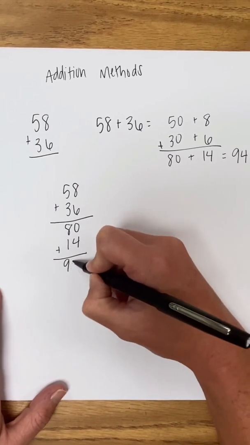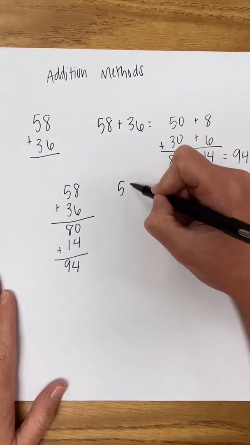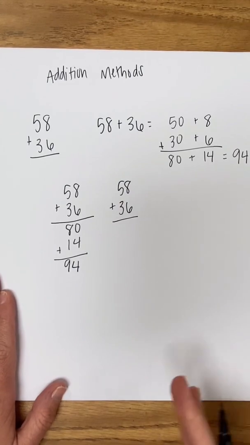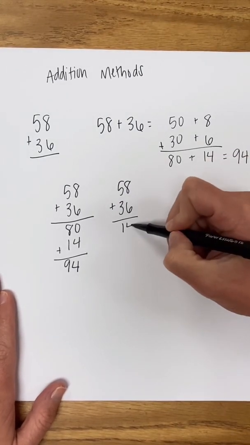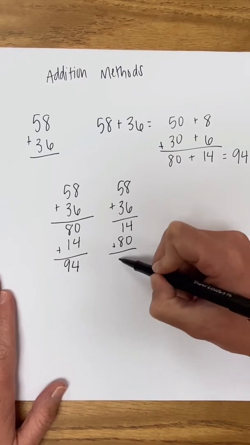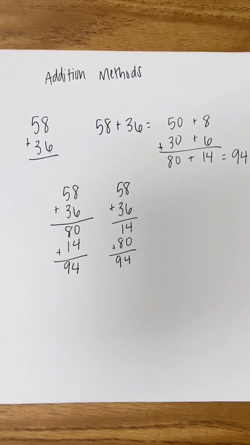And then that gives them the sum of 94. Now, this can also be done from left to right or right to left. If students wanted to do it going from right to left, then they would see 8 plus 6 is 14, and 50 plus 30 is 80. An important component of using this show all totals method is that students must understand the value of those digits.